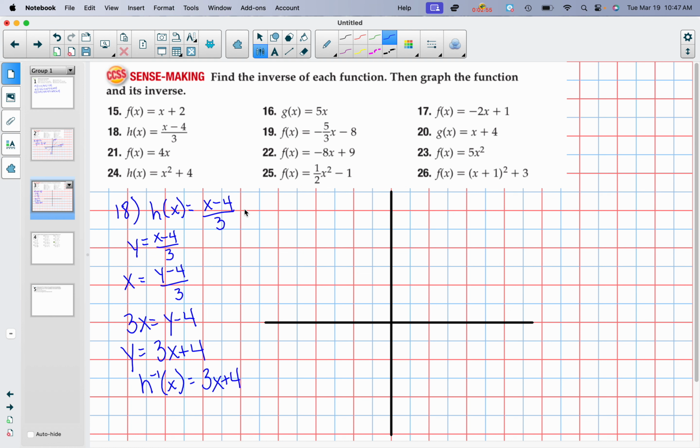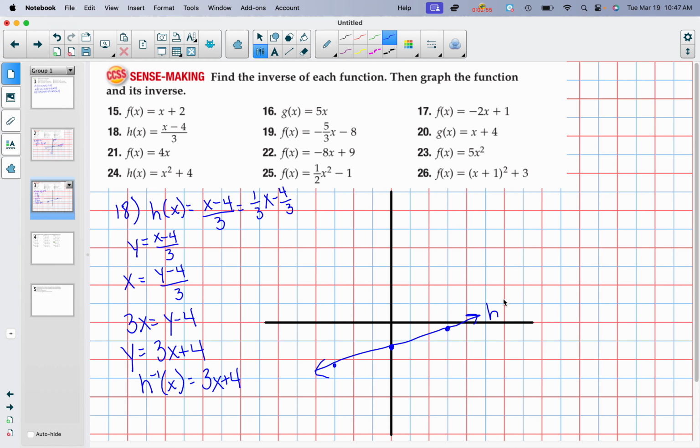Now when you graph this one, I would switch this to 1/3 x minus 4/3. So I'm just splitting it apart so I can see the slope and the y-intercept. So negative 4/3 is negative 1 1/3, so it's about right here. And then I'm going to go up 1 and over 3 for my slope. So I get this line right here.